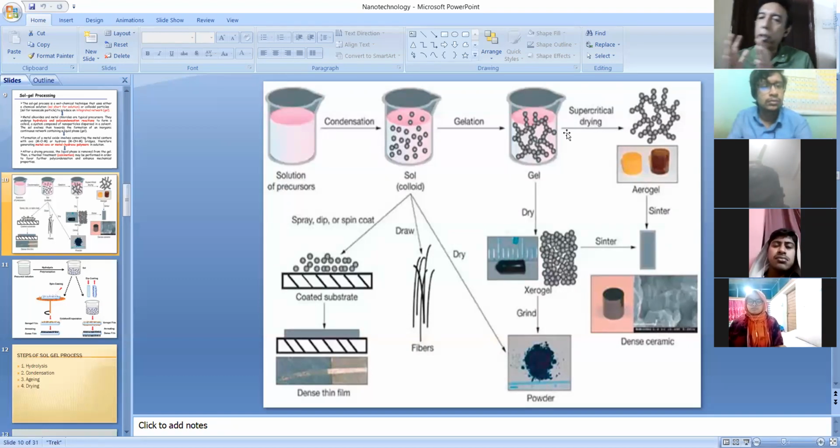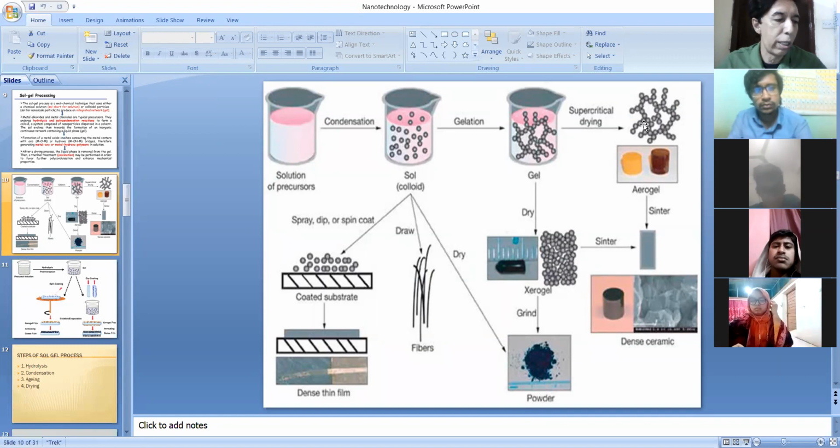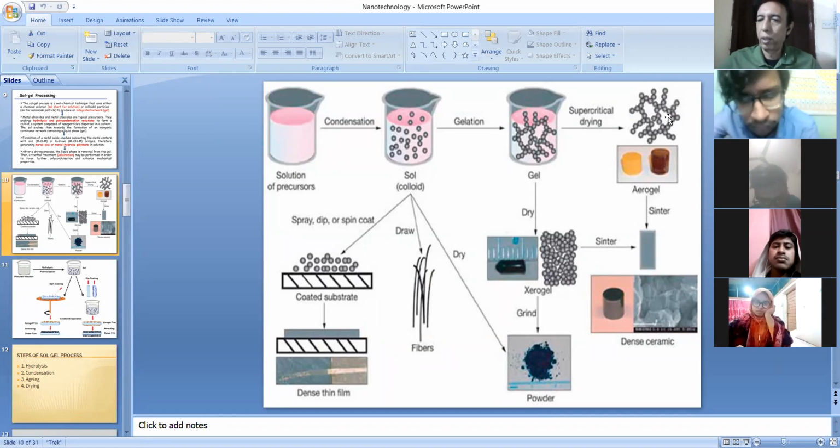This type of substance, where the three-dimensional network is retained and there are vacant spaces because of it, is known as aerogel.